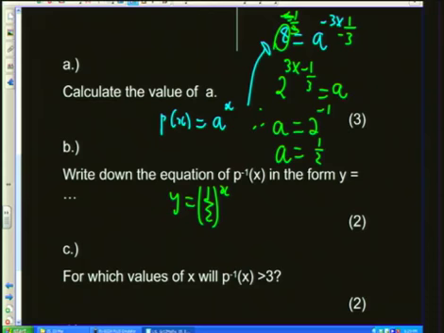So we're going to have x equals (1/2) to the exponent y, then log of base a half, x is y. So the inverse will be y equals log base half of x.